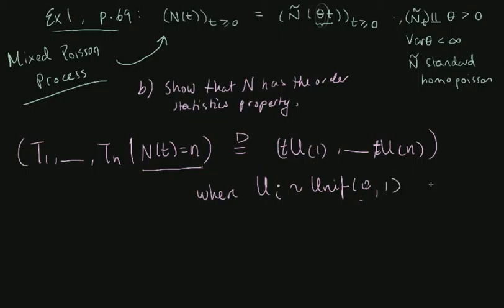And then after they have been ordered, we scale them up to the length of the interval 0 to t that we are looking at. So we can also write this instead.